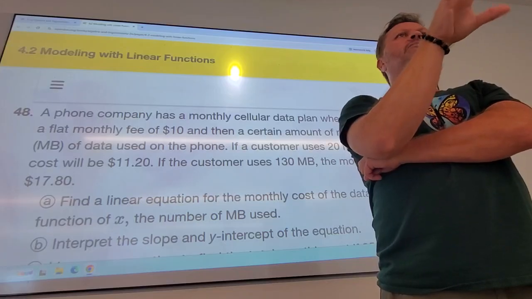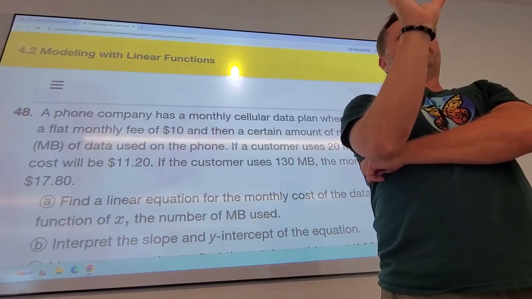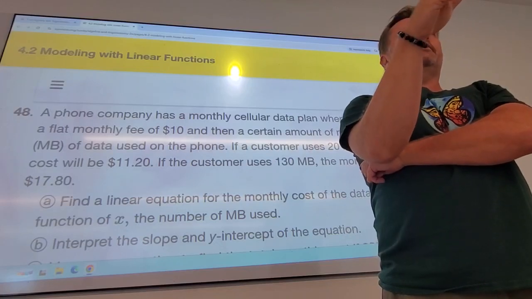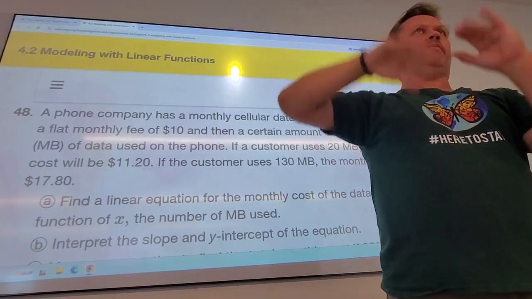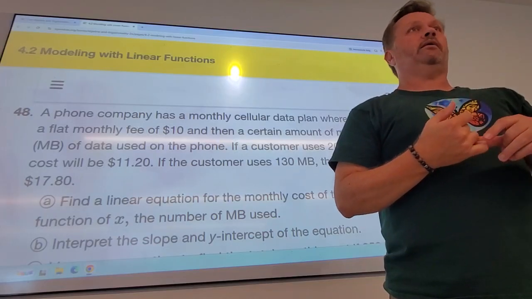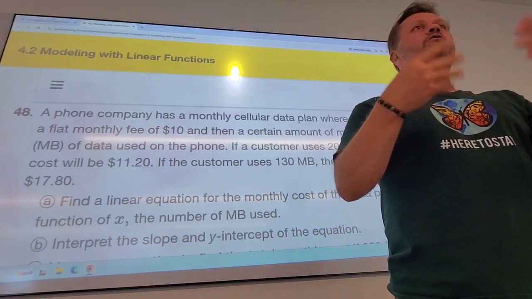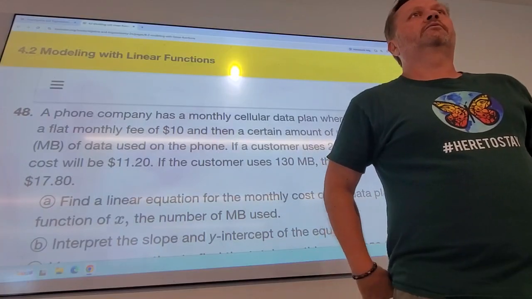So this is how much they're paying per month. They have to pay $10 just for the service, and then on top of that, they pay a certain amount of money per megabyte. So if you go a whole month and don't use your phone at all, you still have to pay. And if you use data, you pay as you go. Does that make sense?